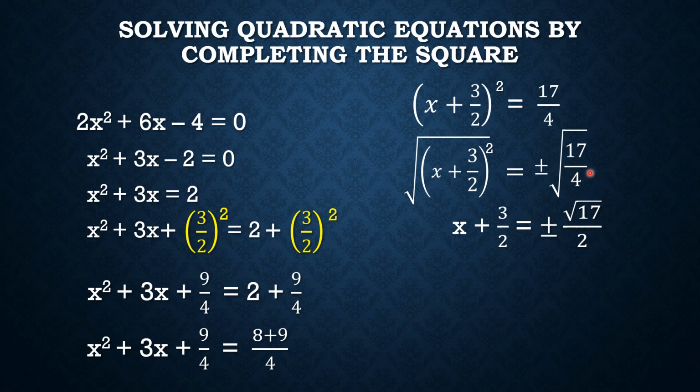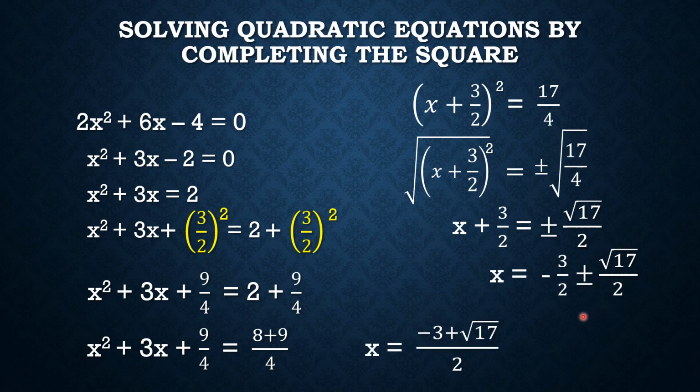Because 4 is a perfect square, so the square root of 4 is 2. However, 17 is not a perfect square number, so square root of 17 pa rin. By addition property of equality, we want to move this positive 3 over 2 to the left side, so that x na lang yung matitira. So by adding negative 3 over 2 on both sides of our equation, we now have x is equal to negative 3 over 2 plus or minus the square root of 17 over 2.